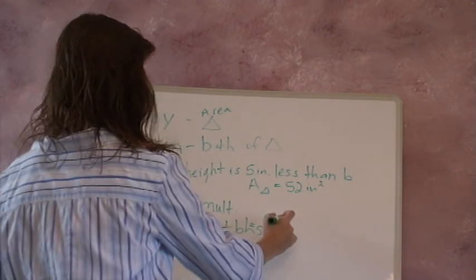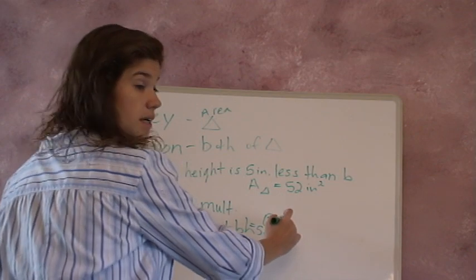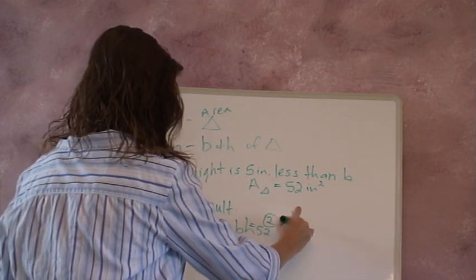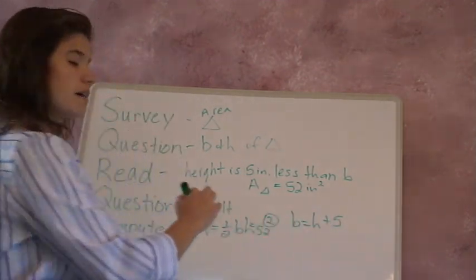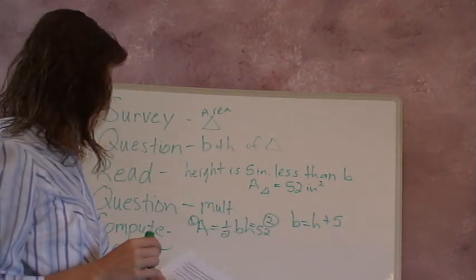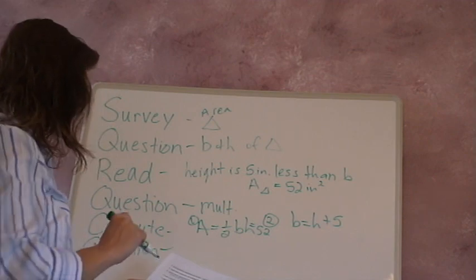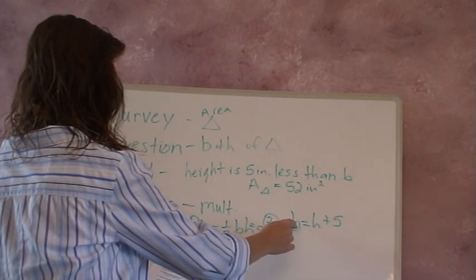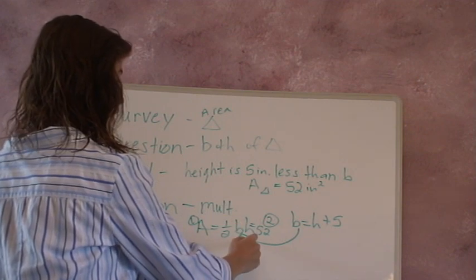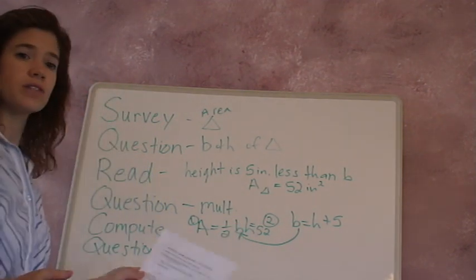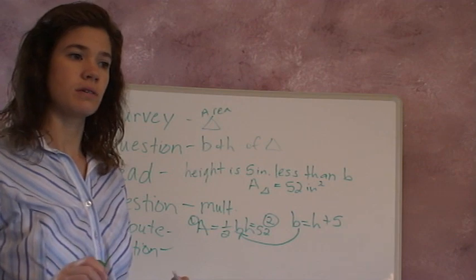And we also know our second equation is that the base is the height plus 5, because it's 5 less than the base. So those are our two equations, and what we're going to do is substitute this into here and solve for H. And go ahead and do that on your own, and then we'll see what you get.